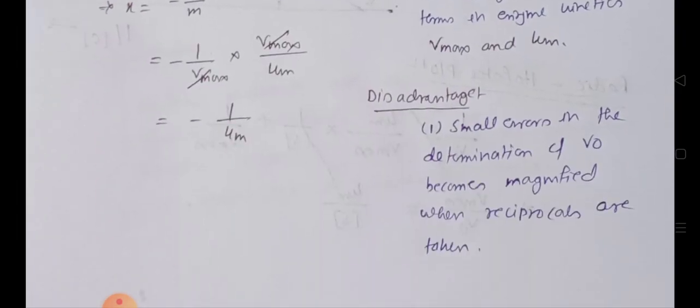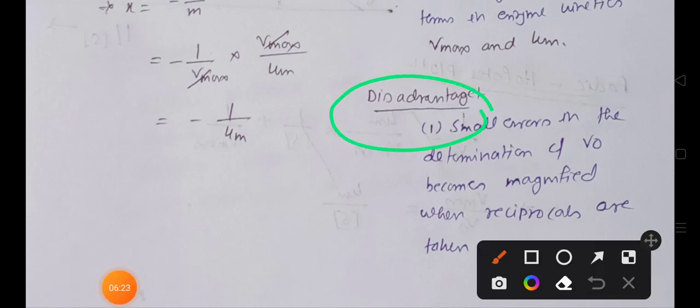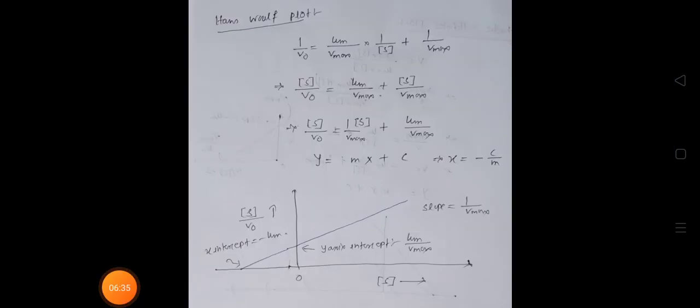And on the basis of that disadvantage, we have created another type of linear representation of enzyme kinetics that we're going to see now. Okay, so let's start. As a replacement, you can say we have used the Hanes-Woolf plot.